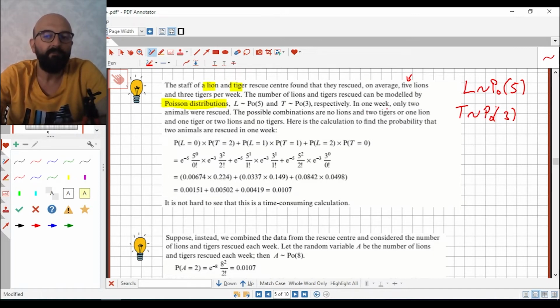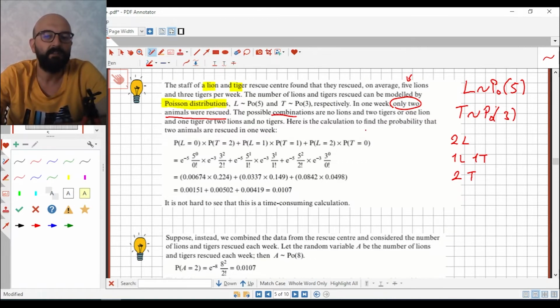And in 1 week, only 2 animals were rescued. The possible combinations: no lions and 2 tigers, or 1 lion and 1 tiger, or 2 lions and no tigers.